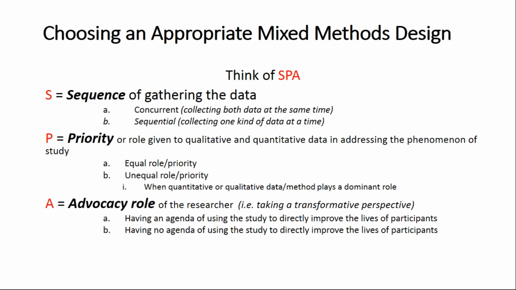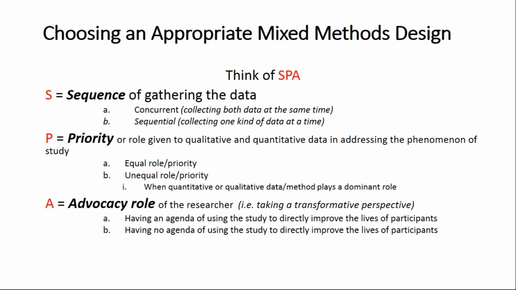Second one is called priority. I hope I pronounce it well. I find it very difficult to pronounce this word. I don't know why, but the P is priority, right? So this means which of the data, whether it's quantitative or qualitative, will be addressing the research question in terms of the weight, in terms of which one is dominant, right?